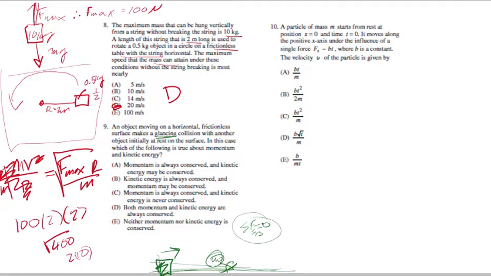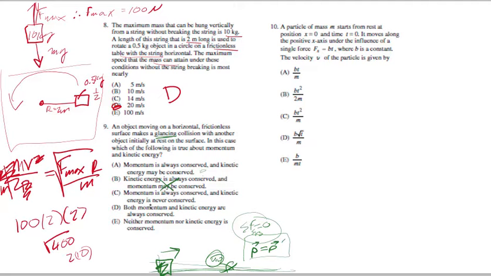Well, since your system's net force is 0, you know that momentum is going to be conserved for the system. Kinetic energy depends on if they stick, if you have an elastic or an inelastic collision. There's just no way of knowing that. So the only thing we know for sure is momentum is going to be conserved. So A says momentum is always conserved. Okay, good. And kinetic energy might be conserved. Kinetic energy is always conserved?